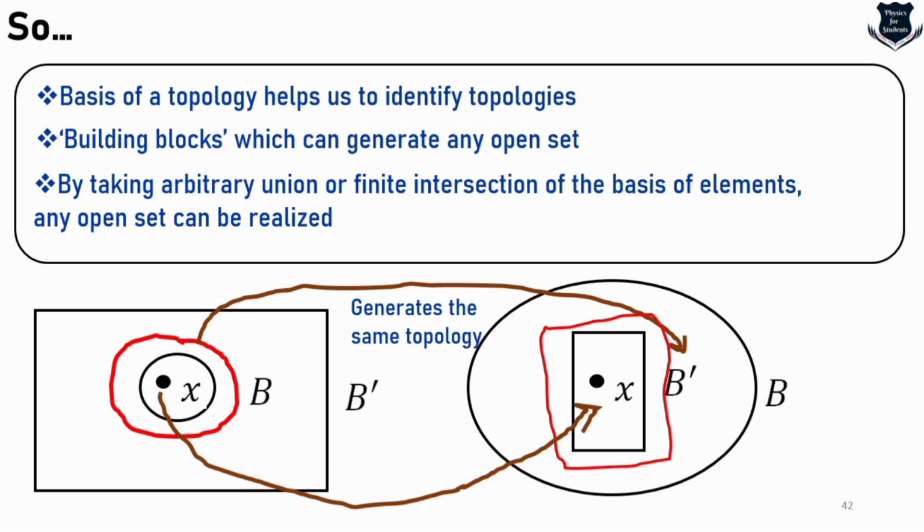So this is a very important example which shows that the same topology can be generated by the collection B prime of all rectangular regions, and each arbitrary circular region in B also fits with the rectangular region, and vice versa.